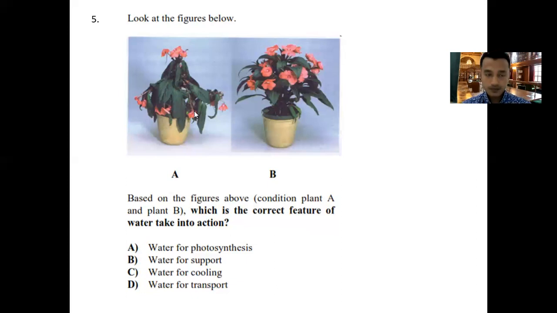So what best describes this experiment? Basically, the best answer for number 5 here is water for support, right? Why not cooling?